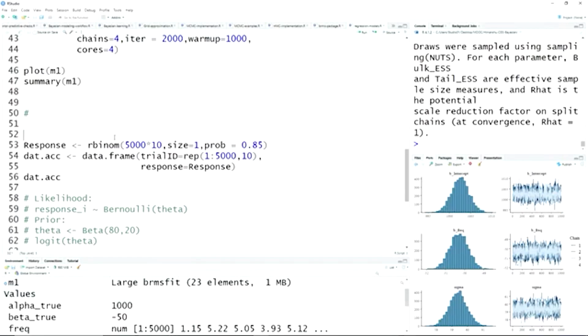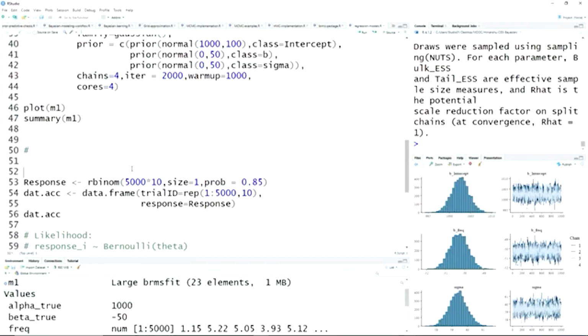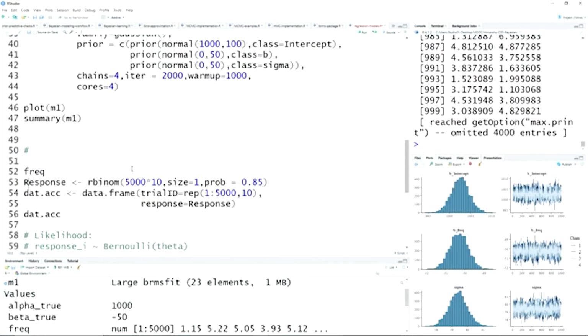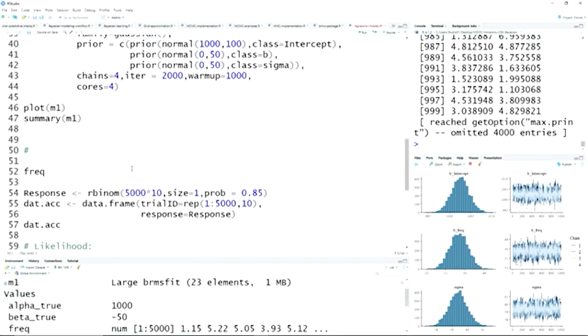I've already done some Gaussian regression. So let me first generate fake data for accuracy, which depends on frequency, and then I will fit a logistic regression model. Okay, I can actually use the same values of frequencies that I had earlier, right? Now I just need to generate a vector of theta from these frequencies, which would be, so this is actually the sigmoid function or the inverse logit function, of parameters alpha t plus beta t into frequency.